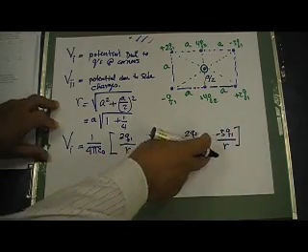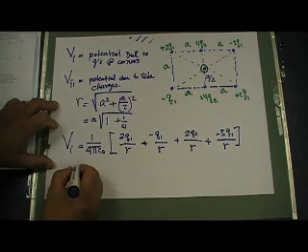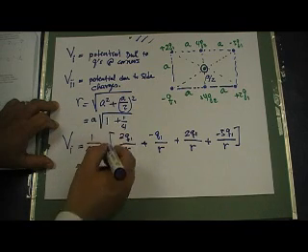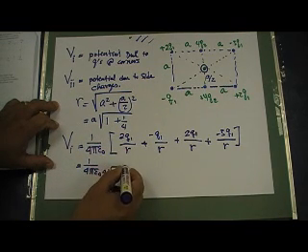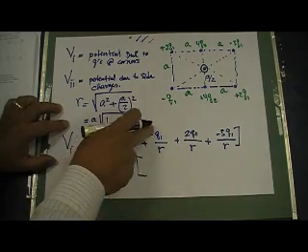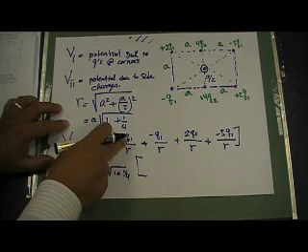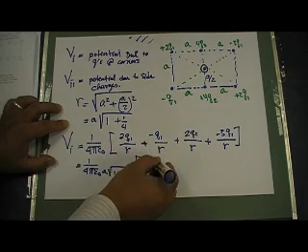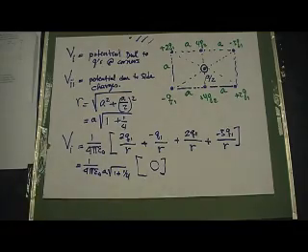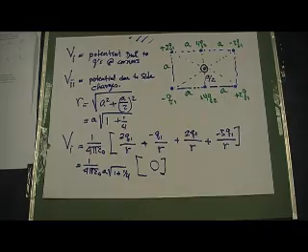As you can see, this becomes 1 over 4 pi epsilon R, where R is A multiplied by the square root of 1 plus a quarter, and then multiplied by 2Q1 minus Q1 plus 2Q1 minus 3Q1. So this 4Q1 minus 4Q1 is equal to 0. That's why I suggested that. So the V due to the corner charges is really equal to 0.